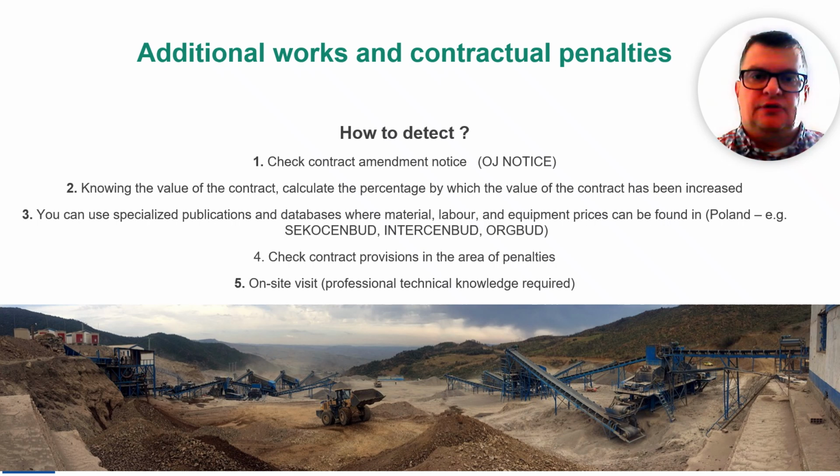In Poland, for instance, you can look at price lists of commercial organizations like Sekocenbud, Intercenbud, or Orbud. Also, don't forget to review the contract itself to see what it says about penalties. Finally, if needed, carry out a site visit, but also keep in mind that this can require professional technical knowledge.